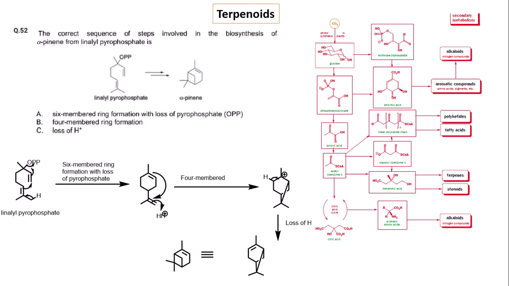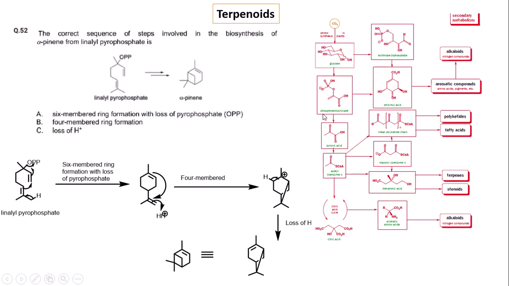Here, the correct sequence of the steps involved in the biosynthesis of the alpha pinene from linalyl pyrophosphate, and actually different type of the biochemical transformations have been happening in nature in our trees.